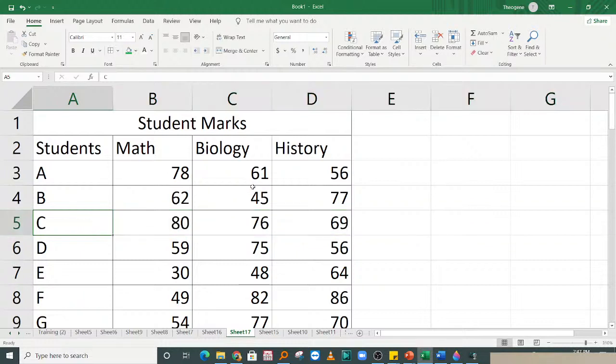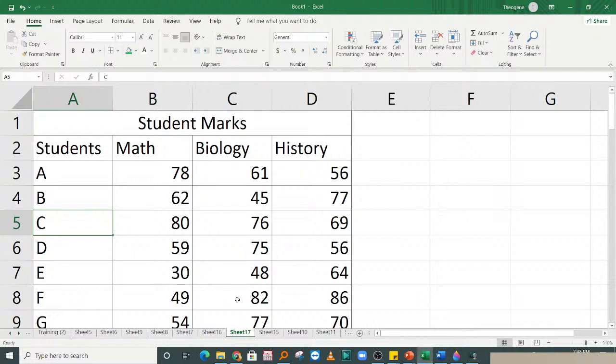So student C and many others, okay? So we are having different students, we are having different marks. So we want to know which course the students have scored more marks and which one the students have not scored high marks.